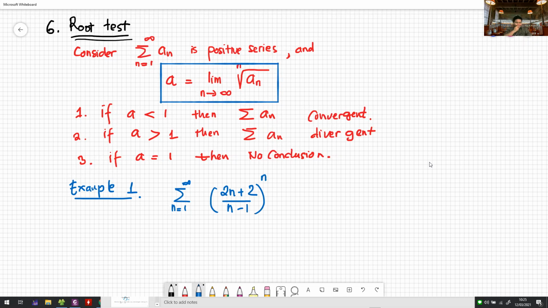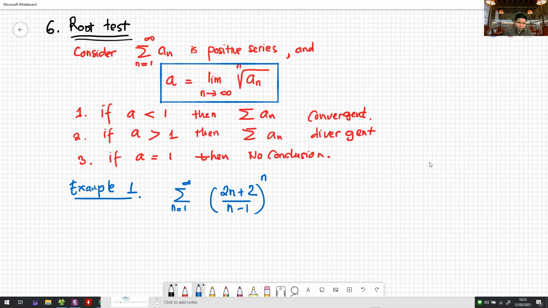Kebayang nggak nih? Konvergen atau tidak? Ada pangkat n-nya naik, membesar terus ya ini. Coba tebak di awal, ini konvergen atau tidak kira-kira? Ini pangkatnya naik terus ya, benar nggak? Ada pangkat n. Dugaan saya ini divergen, karena ini membesar ya, sangat membesar.